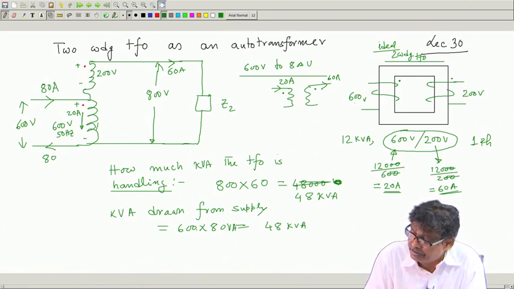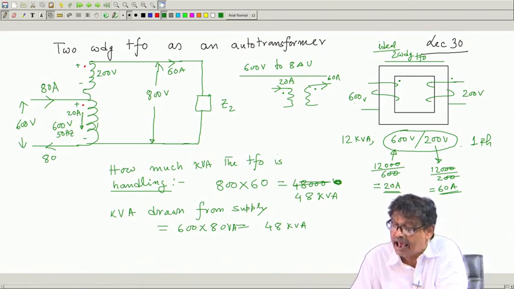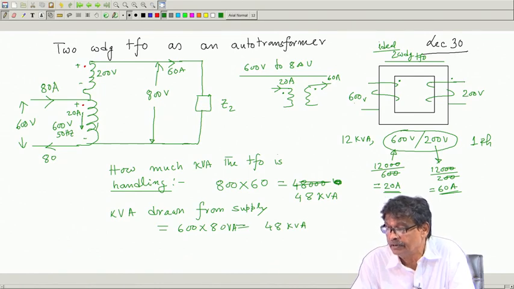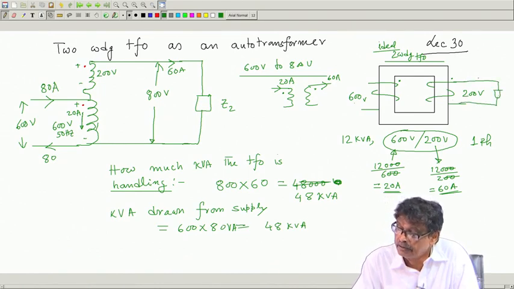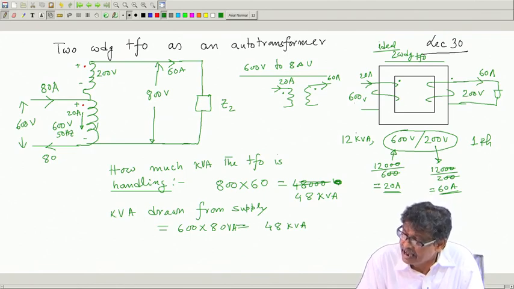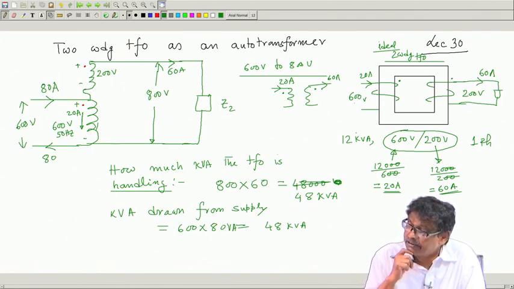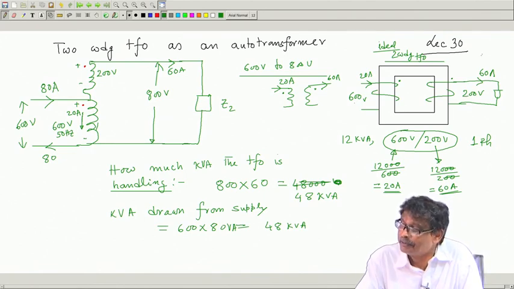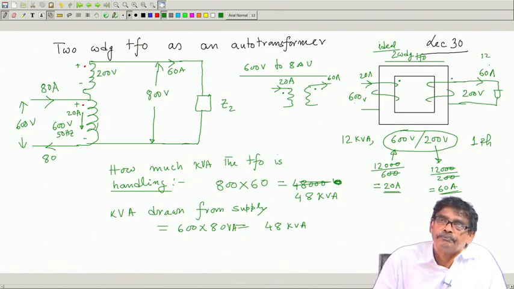When you use this 2 winding transformer as a 2 winding transformer, that is you will connect load here, this current 60 ampere, and at that time this HV side current will be 20 ampere. What is the kVA handled if it is used as a 2 winding transformer? 12 kVA, and that is what it is rated to.